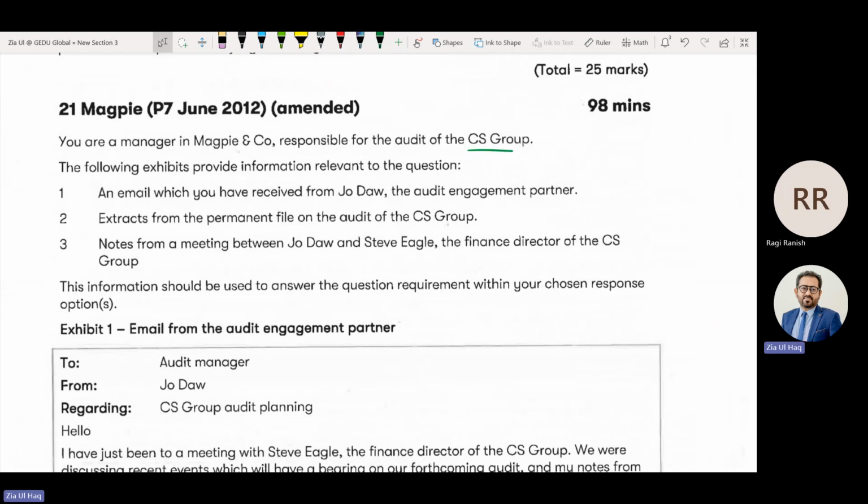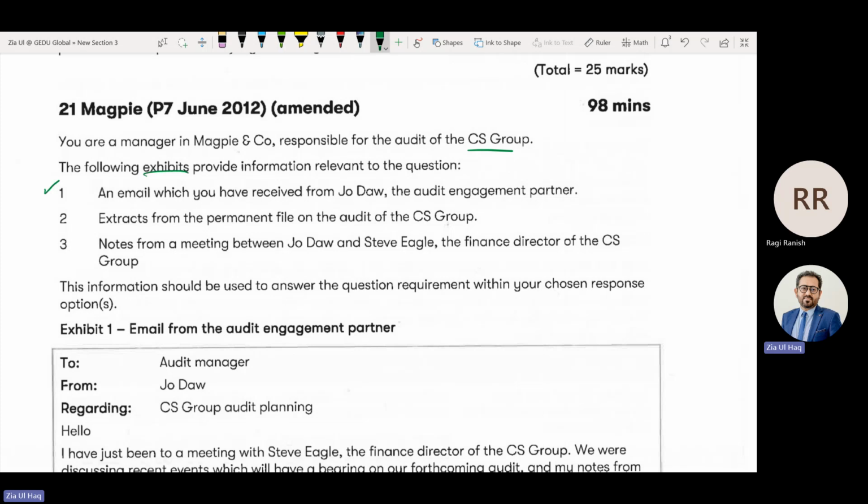So you are a manager in Magpie and you have received an email from the audit engagement partner. That email is in exhibit 1. Exhibit 1 is the email from the engagement partner. Exhibit 2, extract from the permanent file on the audit of the CS group, means some extract from the PAF working paper, of permanent nature, could be company information.